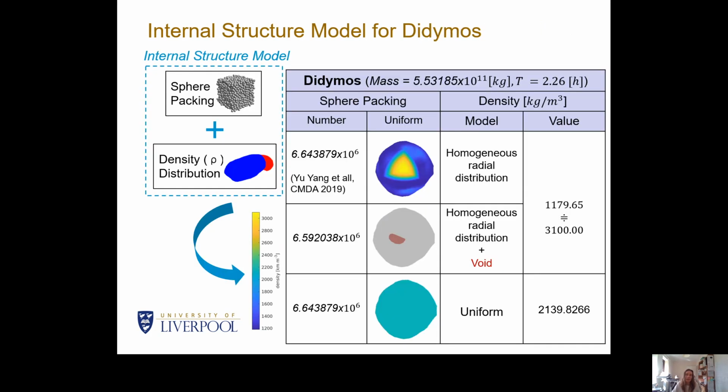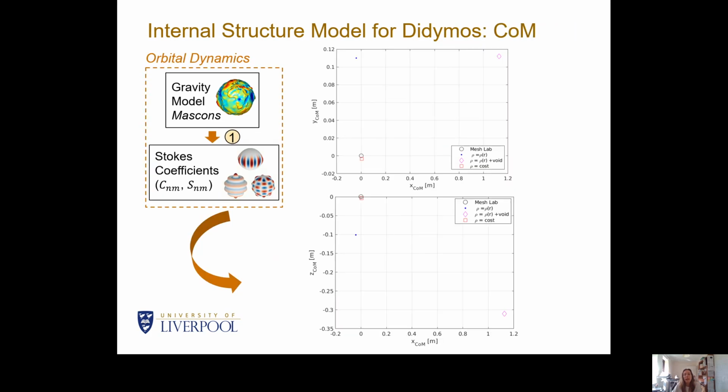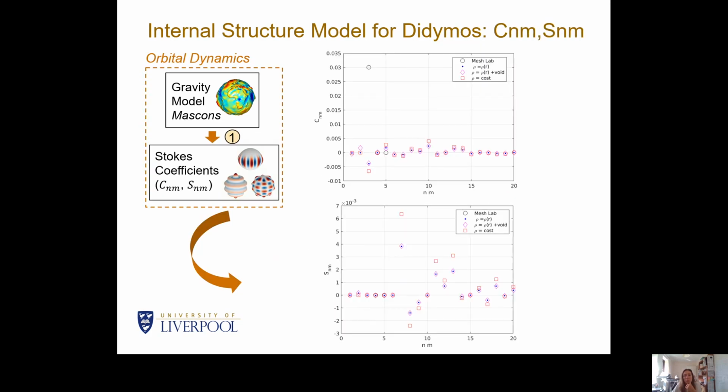Now, the tricky part has been Didymos because it is a fast rotator. And we used three, again, uniform density and homogeneous radial distribution plus void, inspired by the work of Yu Yang et al. In this case, we notice that the void doesn't have much effect, but this could be because of how I selected the void.